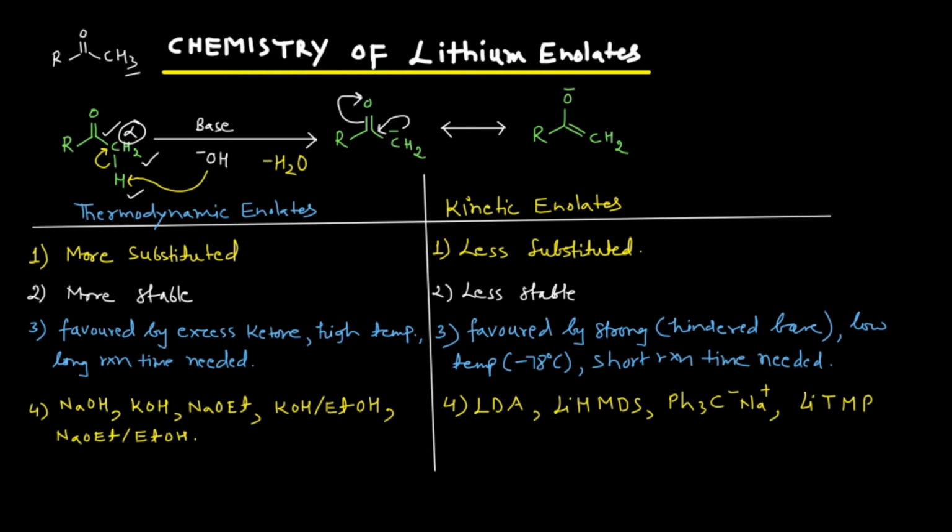Okay, and then you can see, when I remove this hydrogen as a proton, this bond will shift in between this carbonyl carbon and this alpha carbon. So this will make a double bond, and this will go up. You can see I have drawn this here, and in the final structure, this is resonance stabilized. How?